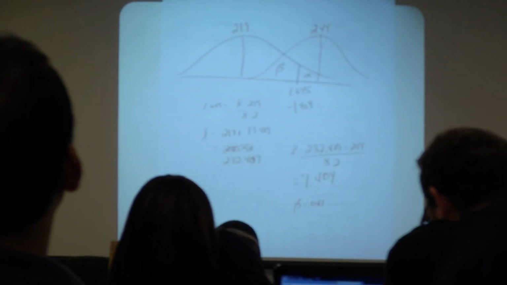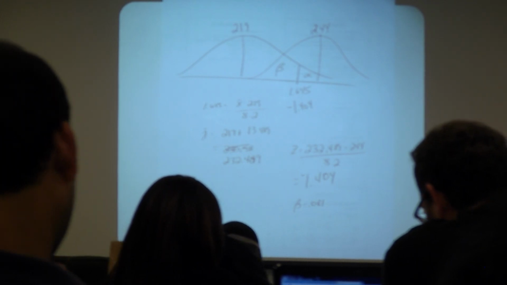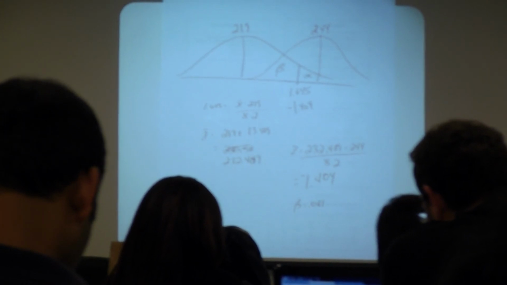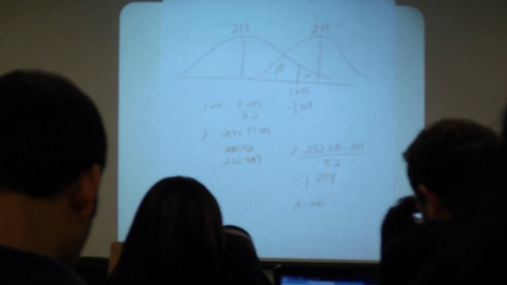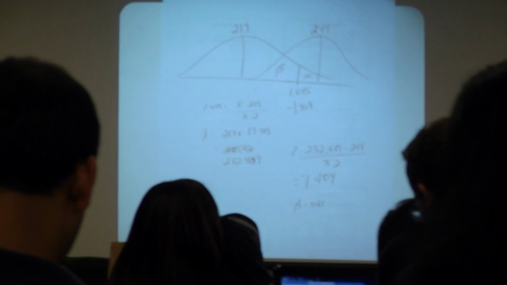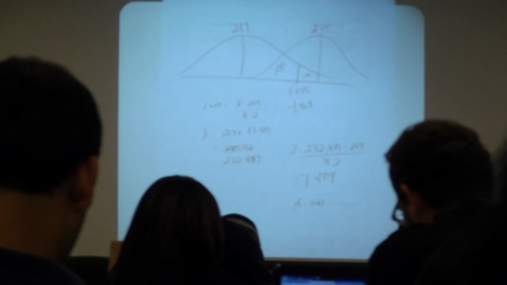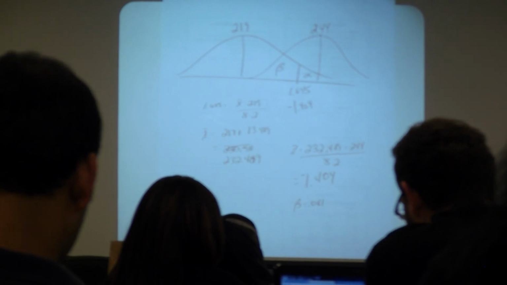Always draw your two distributions. In past tests, I haven't had anything that difficult. Calculating sample size, yes. Calculating beta, I haven't done anything like that in past tests.